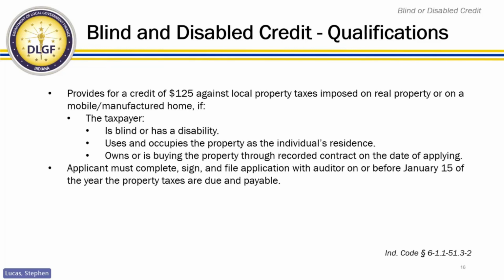Those qualifications are that the taxpayer or the applicant is either blind or has a disability. The property owner has to use and occupy the property as their residence, and they have to own or be buying the property under contract on the date that they apply for the benefit. The deadline to apply for the benefit, again, is January 15th of the year that the property taxes are due and payable.